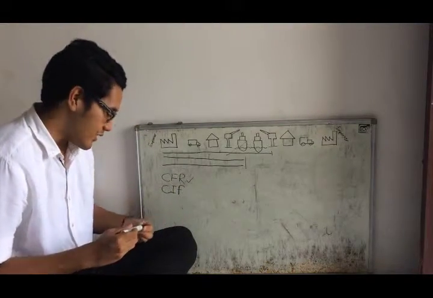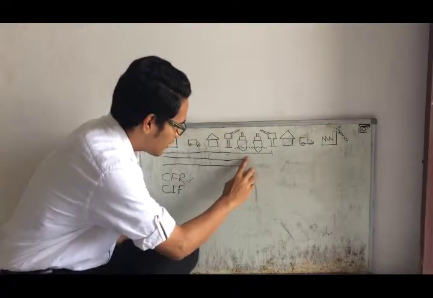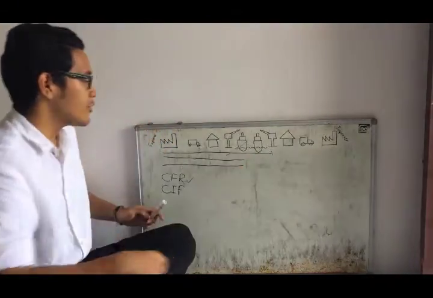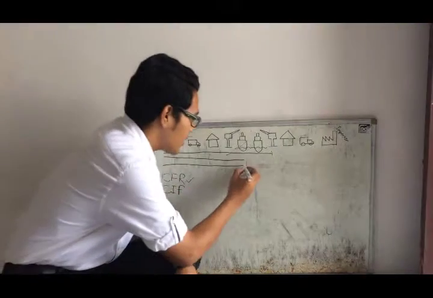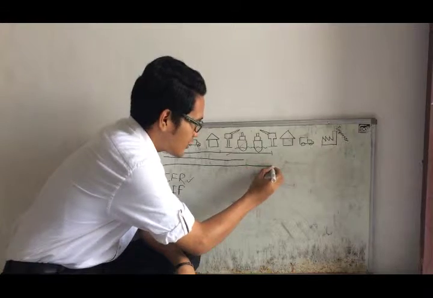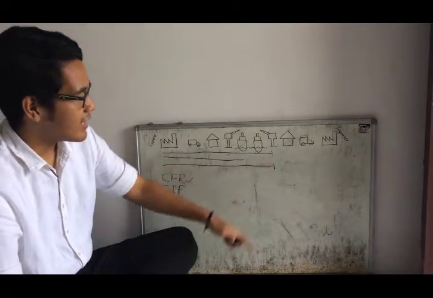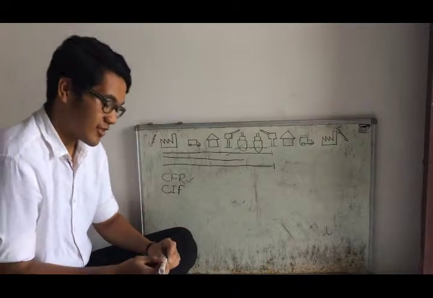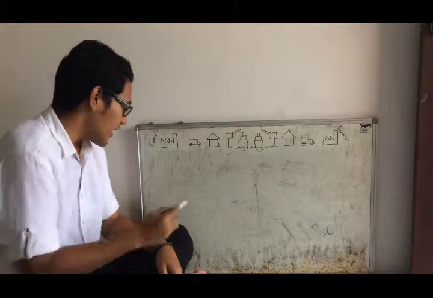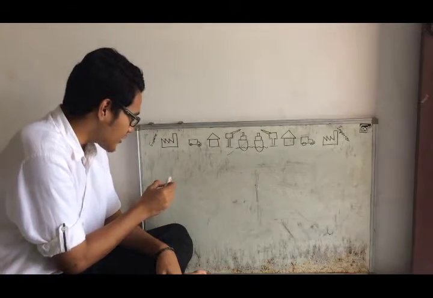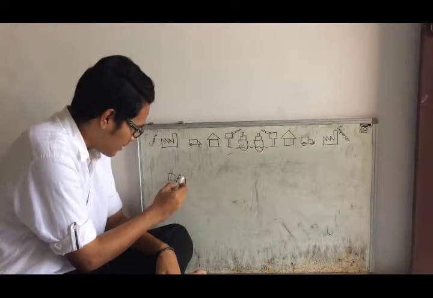The difference with CIF is that the exporter should insure the goods. So the exporter takes the risk until the destination port. So that's the difference.